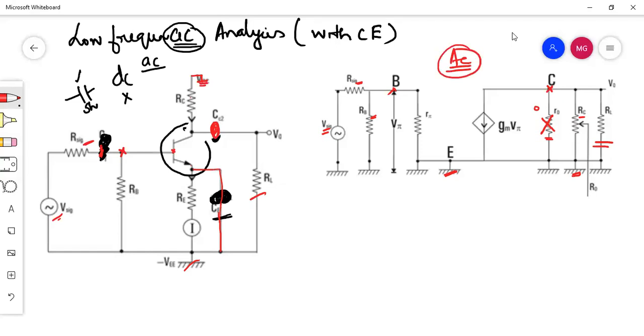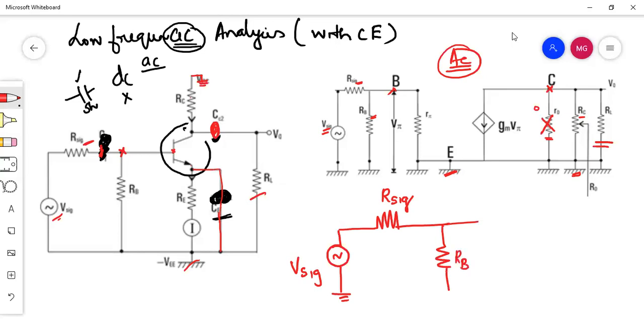Then one point needs to be clear. We have one signal here, V signal. Then I am connecting an R signal here, that is the resistance that supports this voltage signal. After that there is one RB, and then we have this R pi.